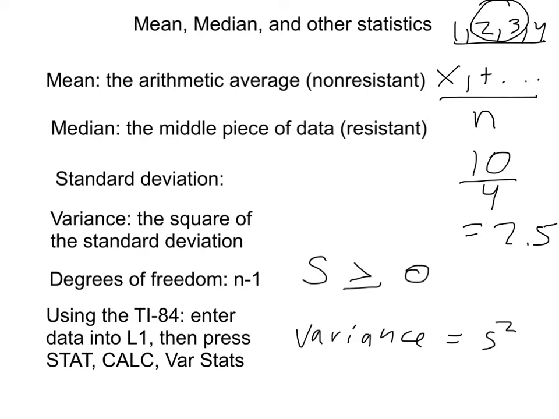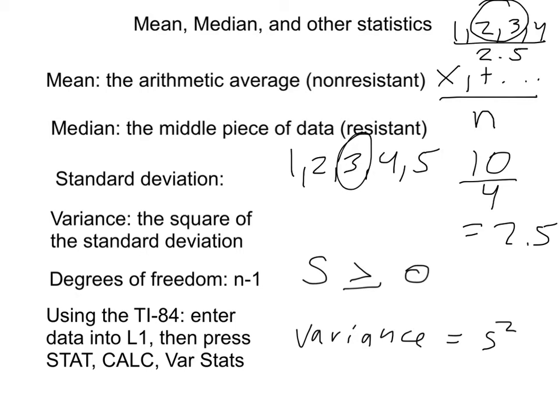So for this, the median would be 2.5, because 2 plus 3 divided by 2 is 2.5. But for example, if we had the data set 1, 2, 3, 4, 5, our median is going to be 3, because there's an odd number, so there's one middle number.